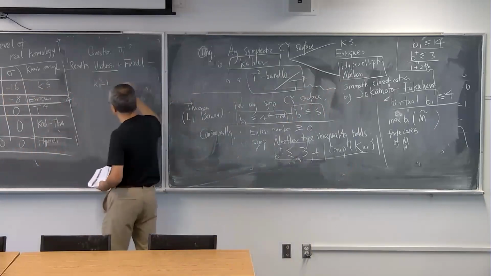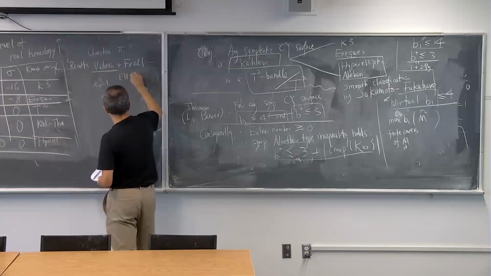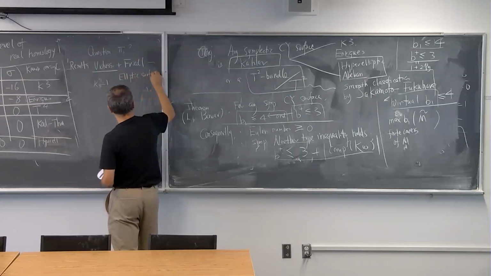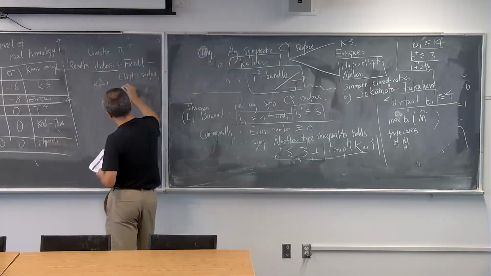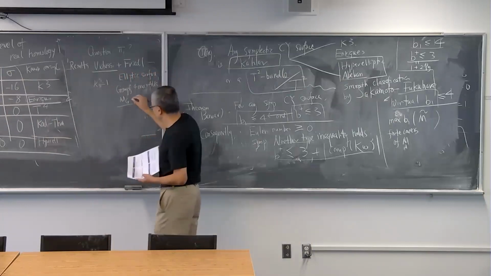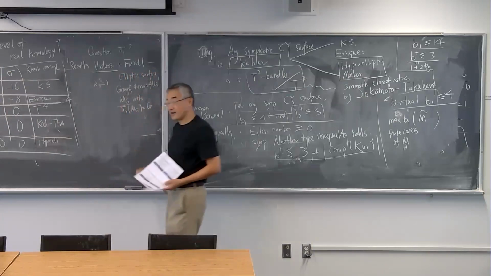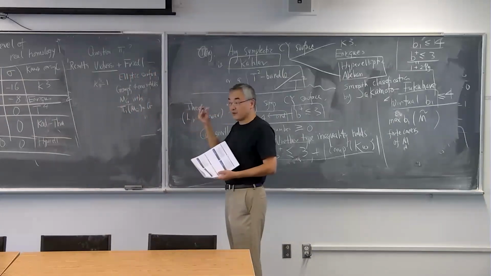So there are elliptic surfaces, and surfaces with Kodaira dimension equal to 1, and all these Gompf manifolds, which have fundamental group any given finitely presented group.